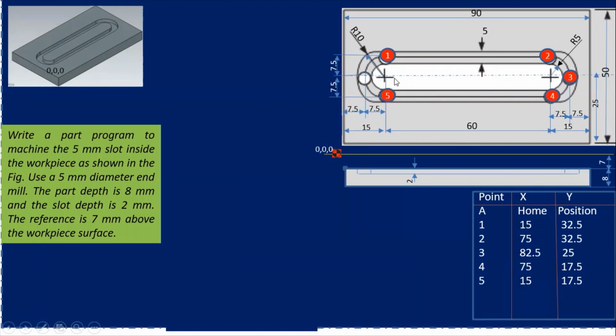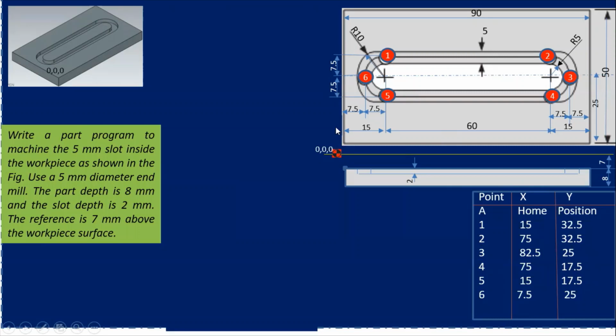Then the fifth point, these coordinates I have to find out. So x will be 15 and y. Now y again, so again 25, from here to here is 25. So 25 minus 7.5 will again get 17.5. Then the sixth, these coordinates I have to find.